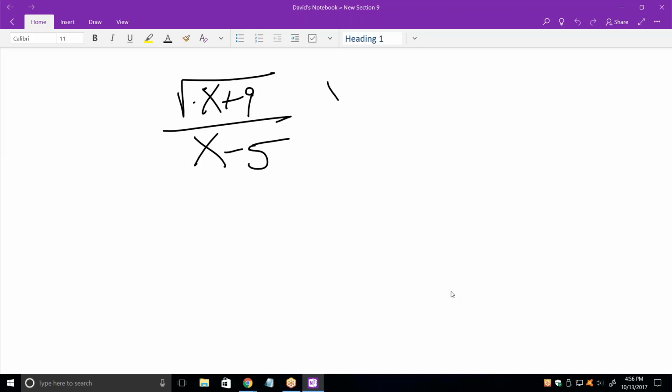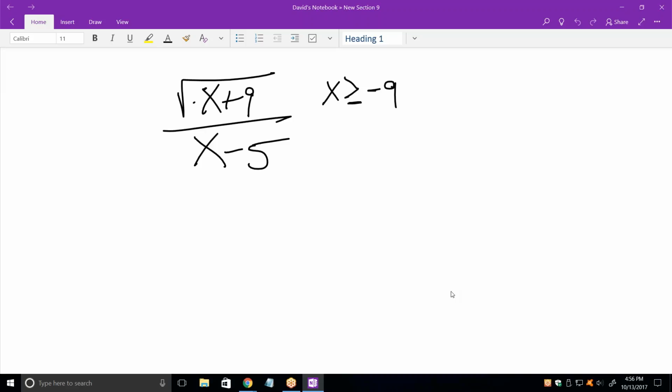Got to be greater than or equal. And it's minus 9, not 9. Notice that if x is equal to minus 9, the numerator is 0. Notice that if x is equal to minus 8, the numerator is a positive number. So anything greater than or equal to minus 9 is fine for the numerator.